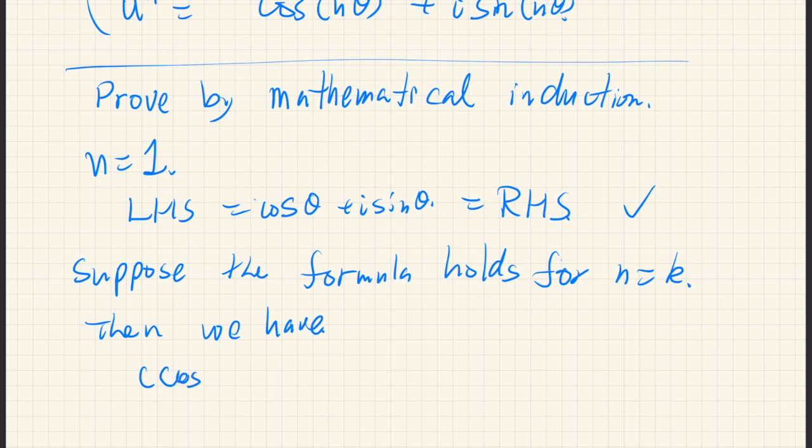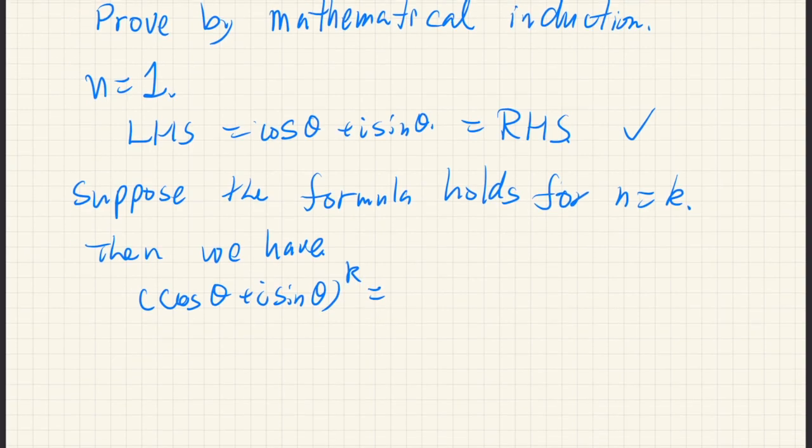(cosine theta plus i sine theta) to the power of k equals cosine k theta plus i sine k theta.